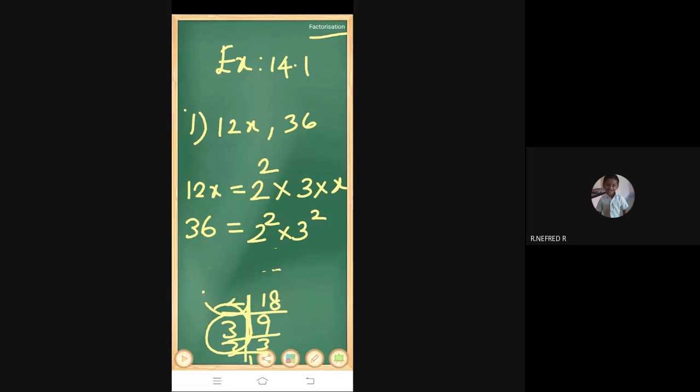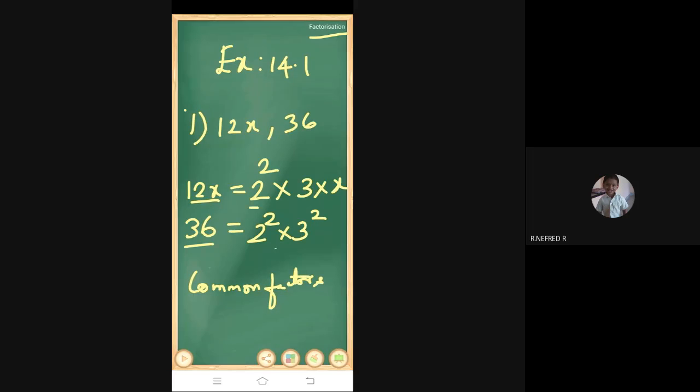So now you have to compare the two given terms. 12x is one term and 36 is the other term. When we compare, which is common? Common factors. Here also 2, here also 2, and the power is also equal. So if the power is equal, no problem.